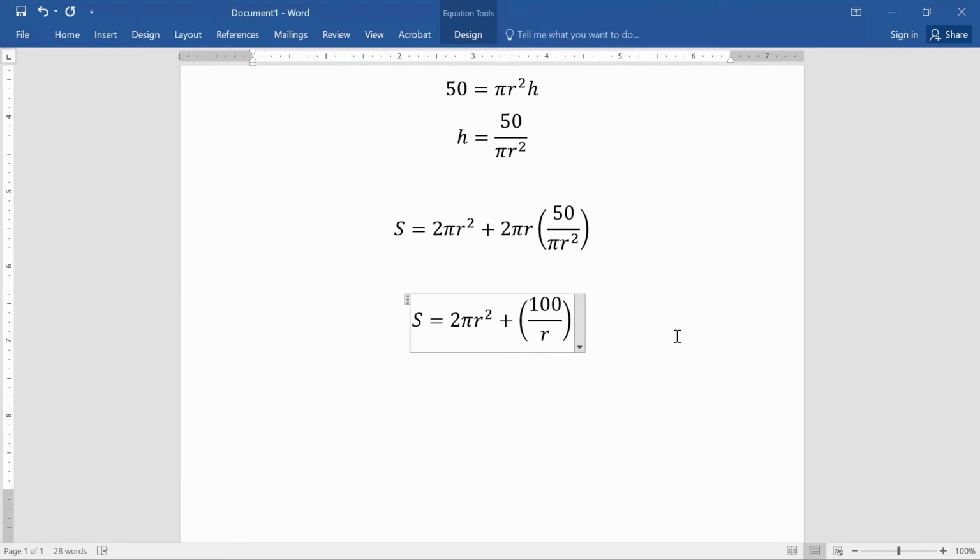We want to find where the minimum is. The way we do that is we take a derivative. The derivative is 4 pi r plus, you can think of this as r to the minus 1, so when you take negative 1 out front, you get negative 100 divided by r squared.